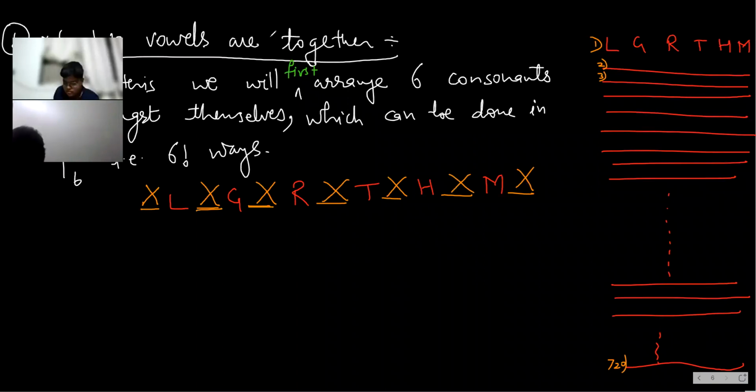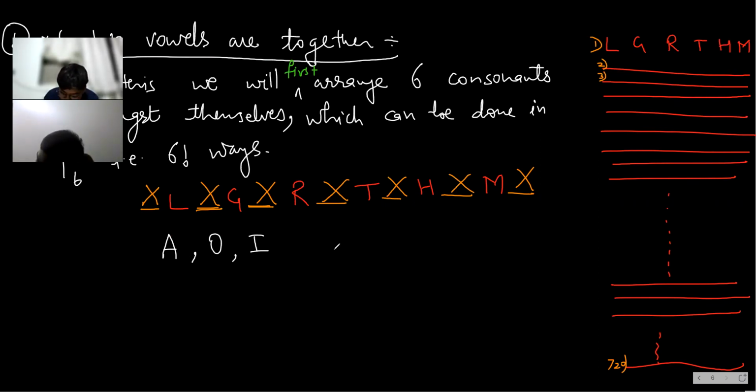Now the 3 vowels which I have, what were they? A, O, I. If I can arrange these 3 vowels at any 3 of these 7 places, then none of the 3 vowels will be together.